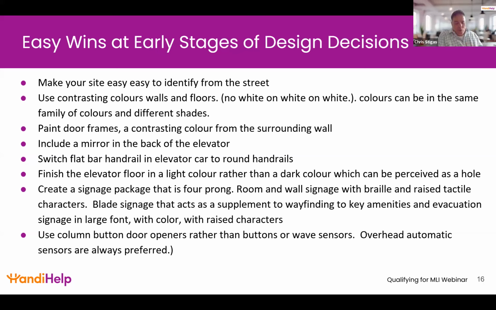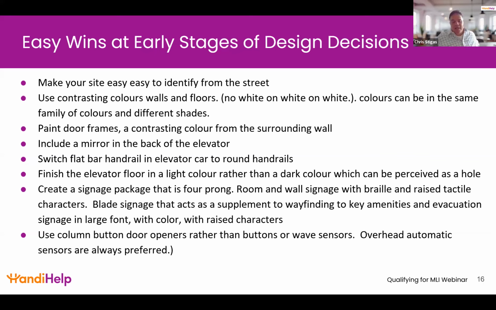Contrasting colors, so no white floors on white walls and white doors and white door frames. A mirror in the back of the elevator. Switching flat handrails to round handrails, making it easy for people to grab that have limited hand strength. The elevator floor, a lighter color rather than a dark color. People with vision loss sometimes perceive a dark floor as a hole.